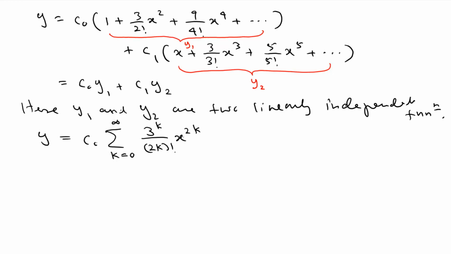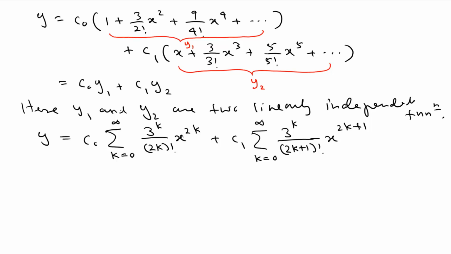These are only the even powers, plus C1 times the sum, again k from 0 to infinity, of 3^k over (2k+1)! x^(2k+1), the odd powers.